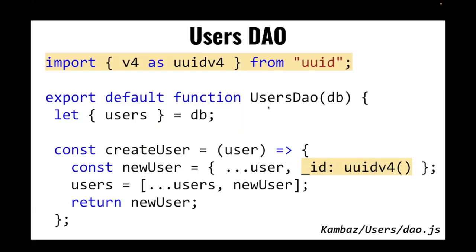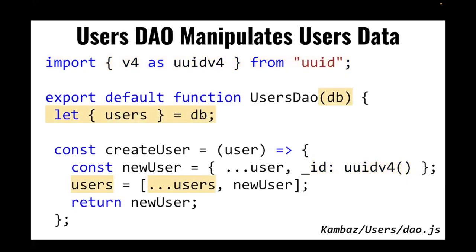So user DAO is going to be responsible for manipulating stuff in the database, right? And so it's going to take as an argument a reference to the database, and we're going to be able to get a hold of an instance of the database so that we can retrieve the specific data structure that we want to manipulate.